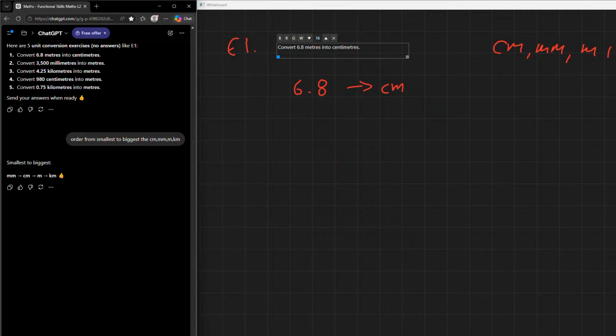It's a millimeter, okay. So the smallest is a millimeter, then centimeter, meter, and then kilometer. I know also 1 kilometer is 1,000 meters.